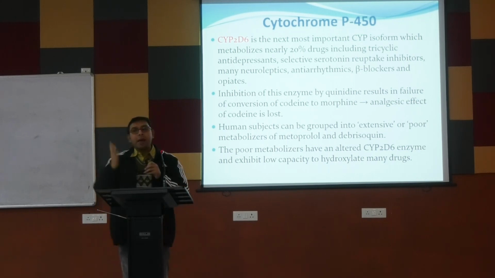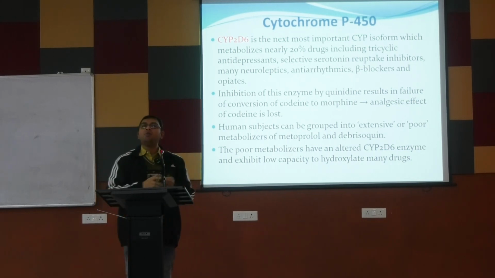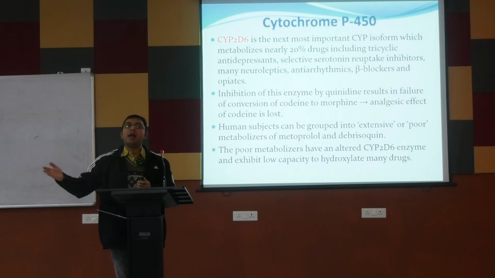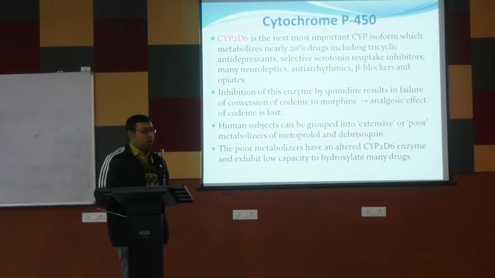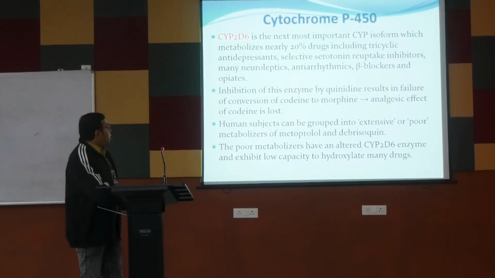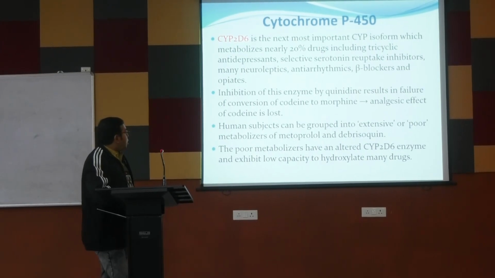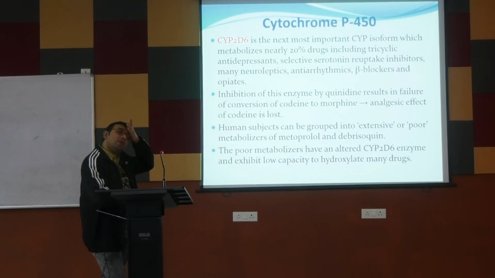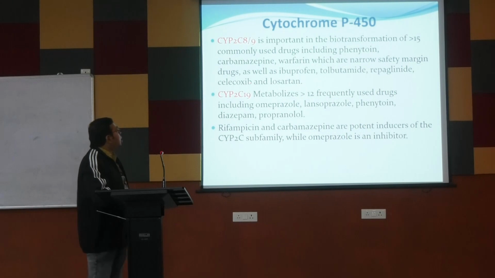So with the same drug, in the same situation, one human being can have toxicity, and in another human being there may be no toxicity. So this is the basis. The poor metabolism is there because there is low capacity to hydroxylate, because the hydroxylation, the oxidation, these are needed to render it non-toxic. That's why.